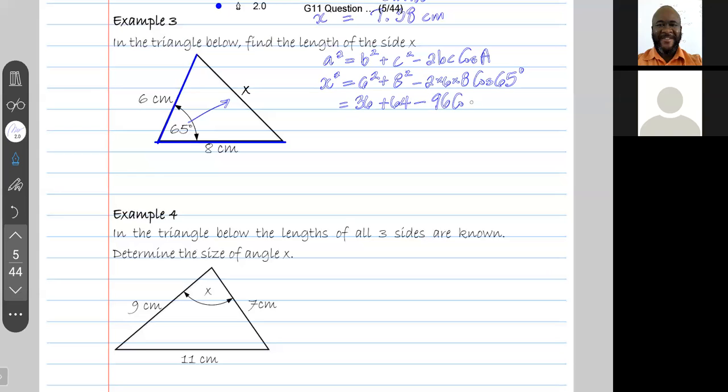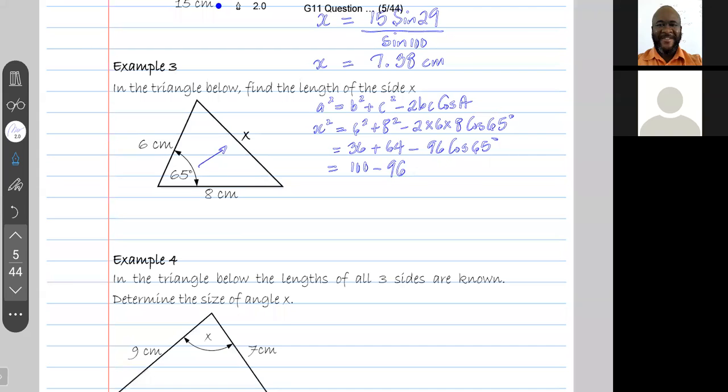And this is cosine 65 degrees. So this is 100 minus 96 cosine 65 degrees. So now x squared is equal to this.